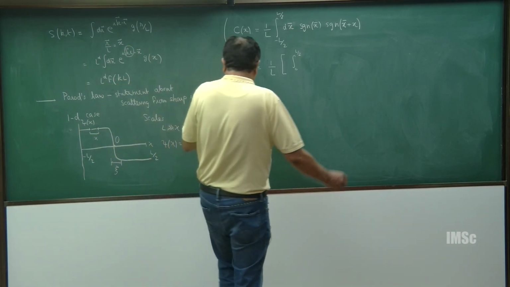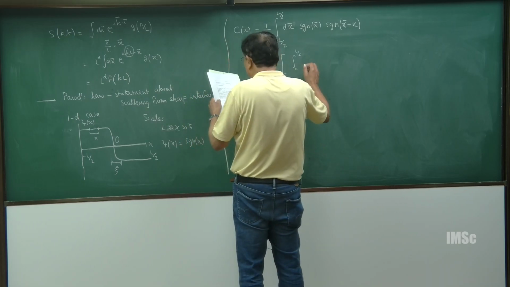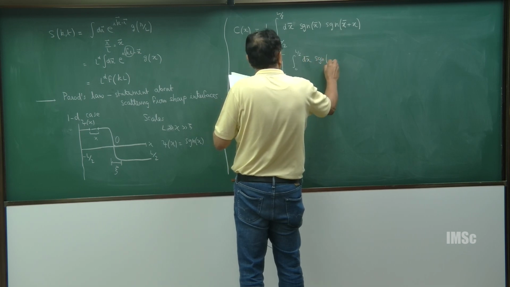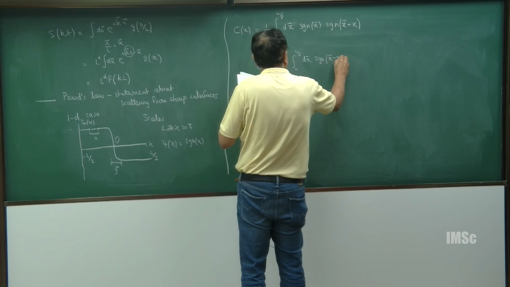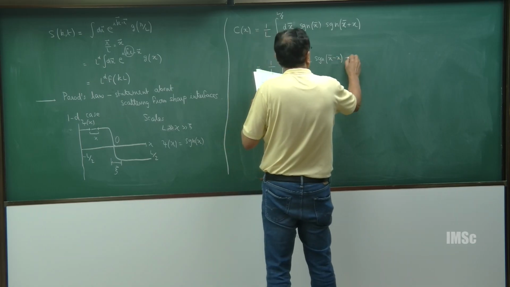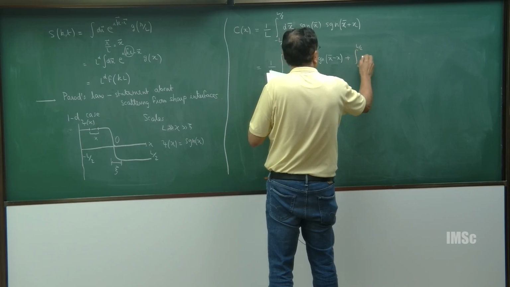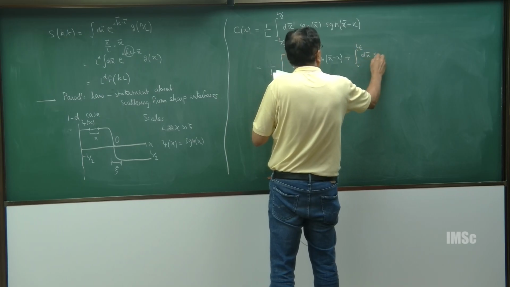So now having spelled that out in words, I can just tell you the answer is the integral from 0 to L by 2 of dx bar of sign of x bar times sign of x bar plus x, with some little shifting of limits and so on.